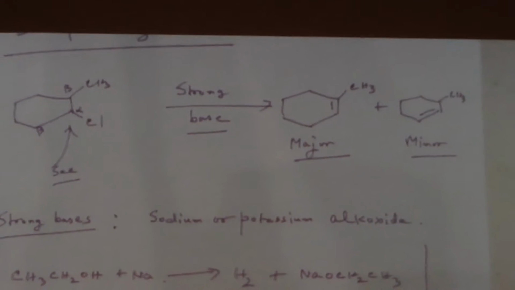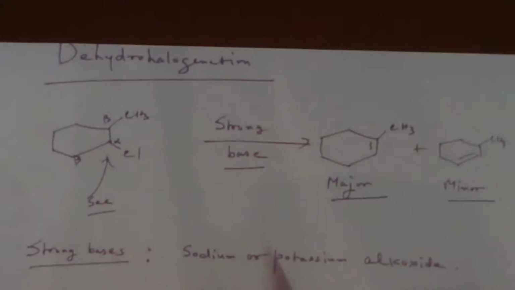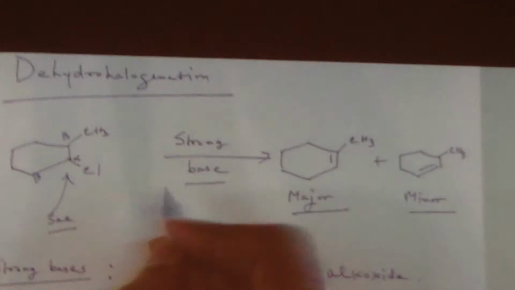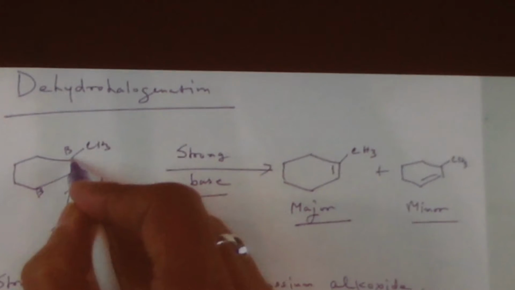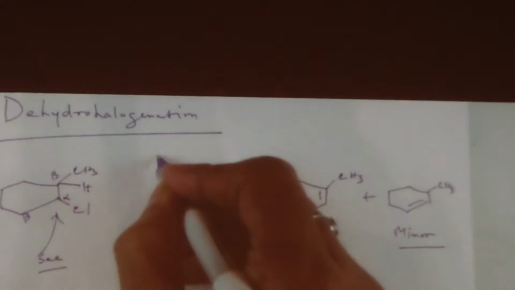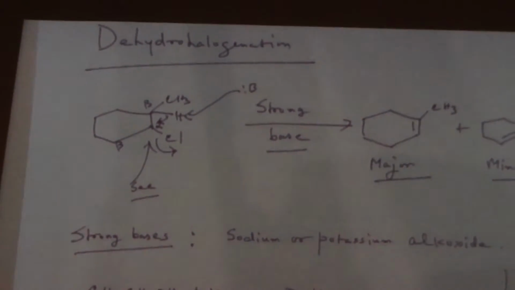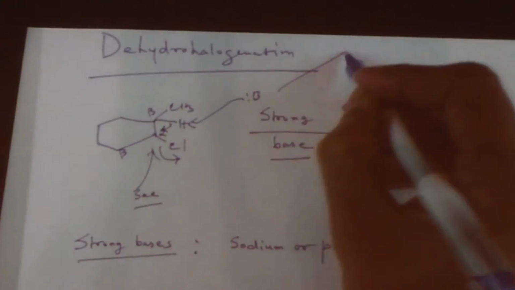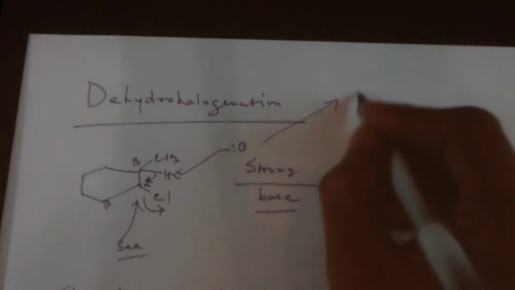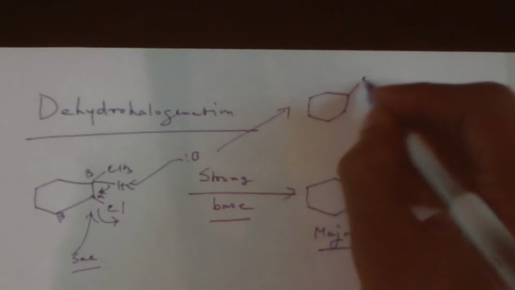So the mechanism is very similar. Let me show you here: if you have a hydrogen, and let's say the base is represented as B, it attacks here, comes here, kicks out the chlorine, which is the leaving group in this case. And again, we can write the transition state structure the same way we have done the previous one.